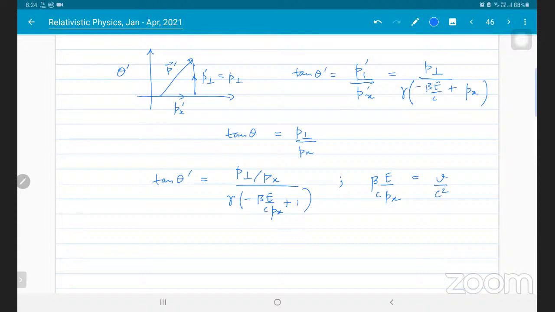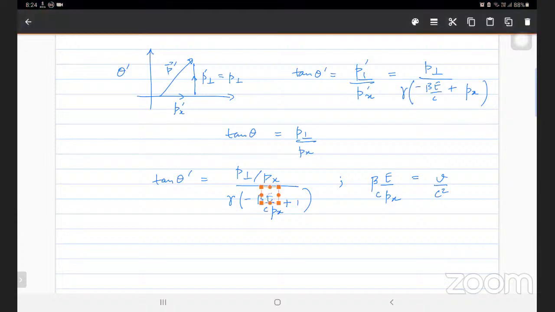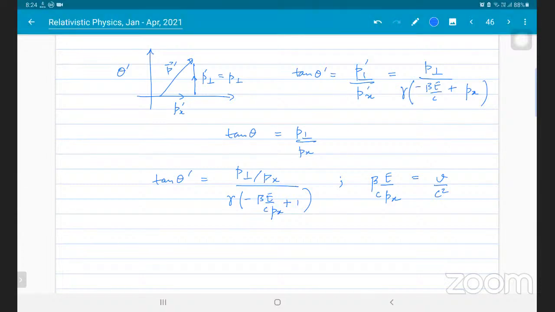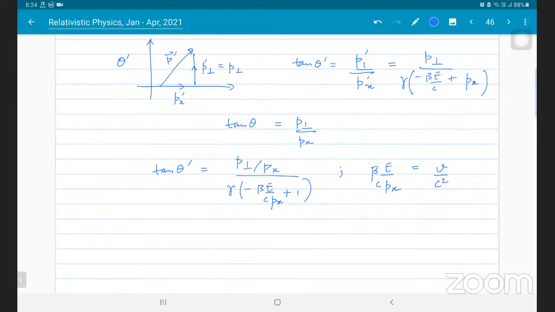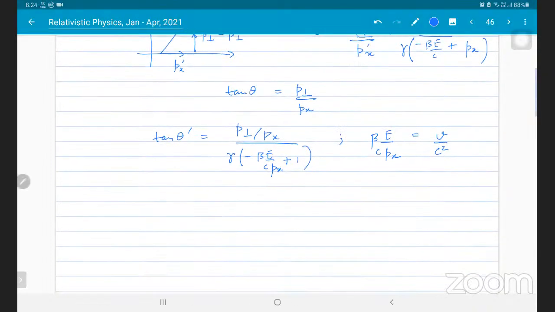And now how do we write this E? Well, it's very simple.